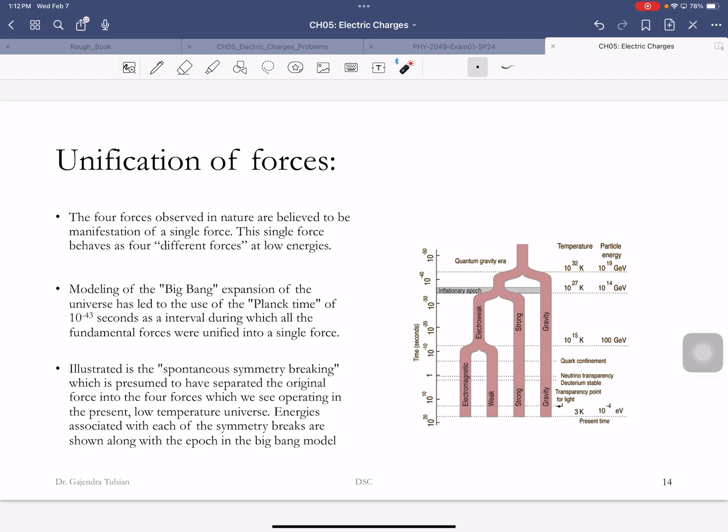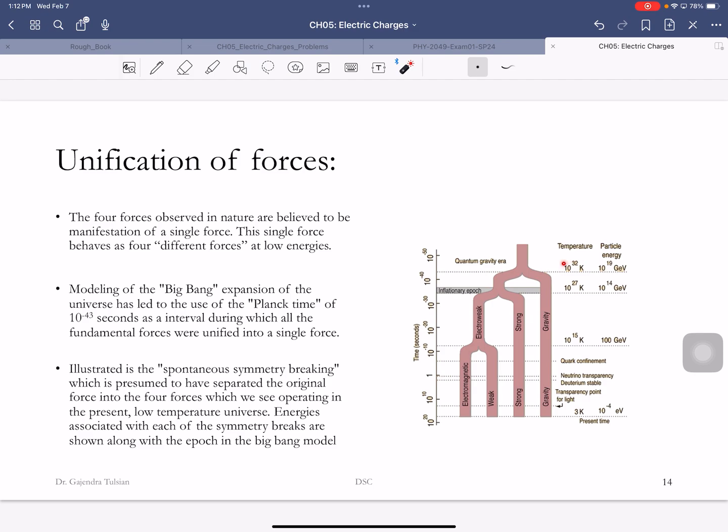This gives you the temperature of the universe, and this gives you the average energy of particles, in different units. At these high energies, it was a single force.